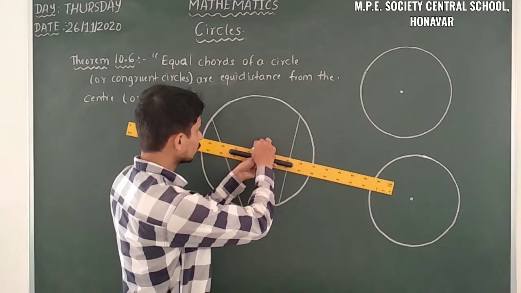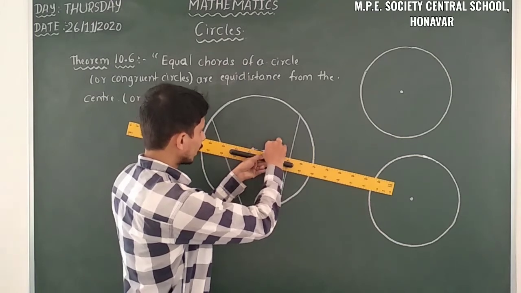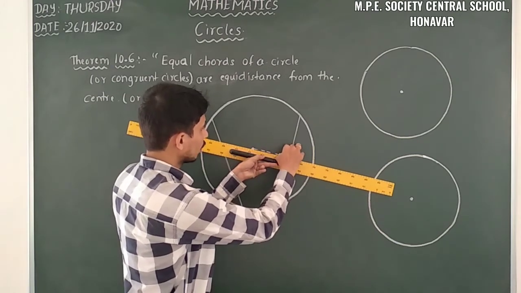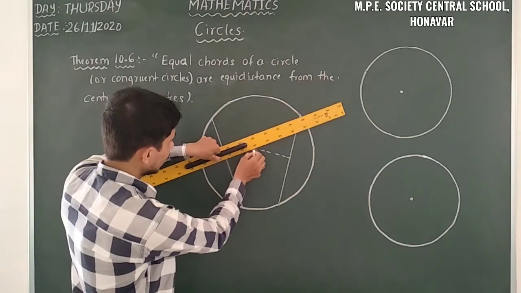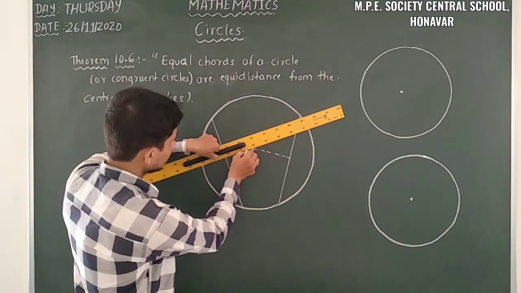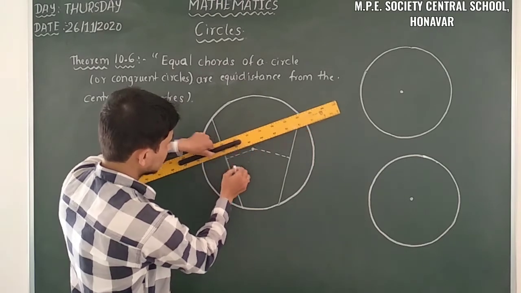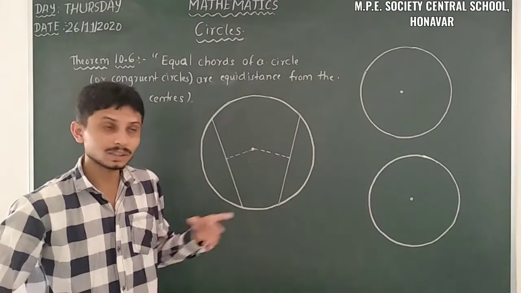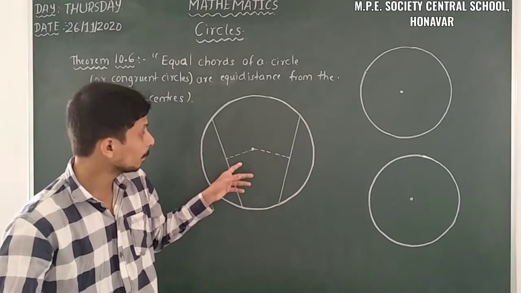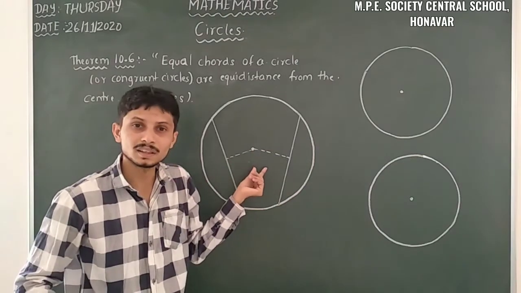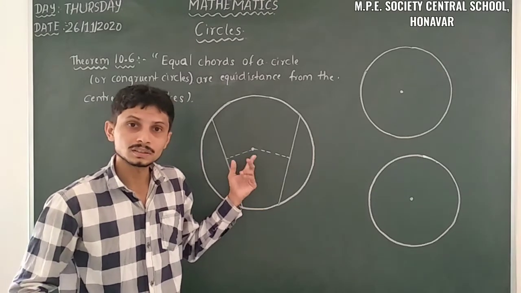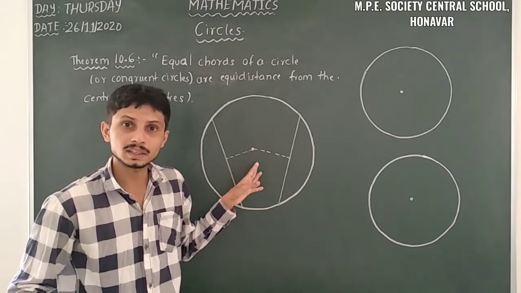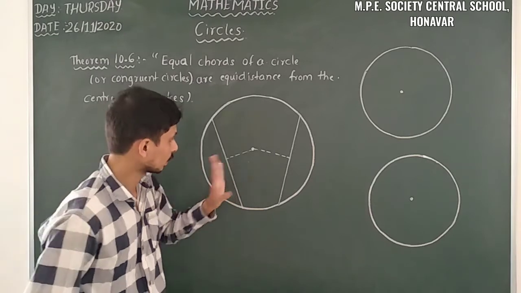That means here we have to draw a perpendicular line. So here we have this distance, and here we have this distance. These two lengths are the same, but they look different. Here I think the center is located somewhere else, so there is some difference when we are taking the center here.